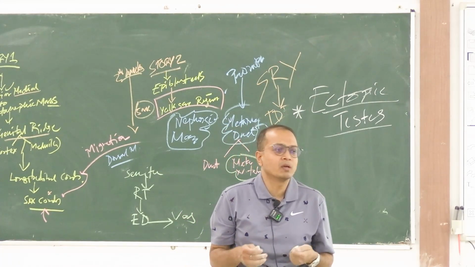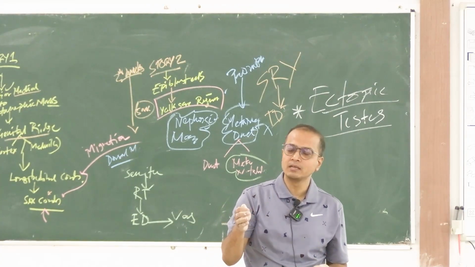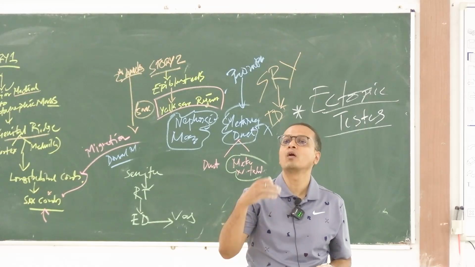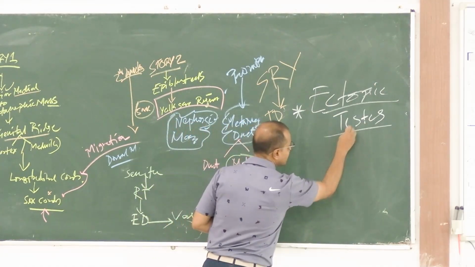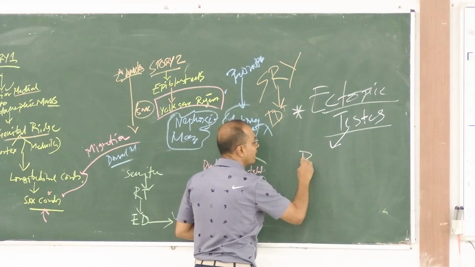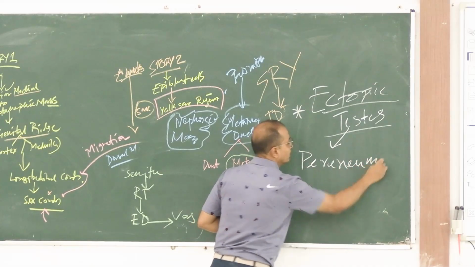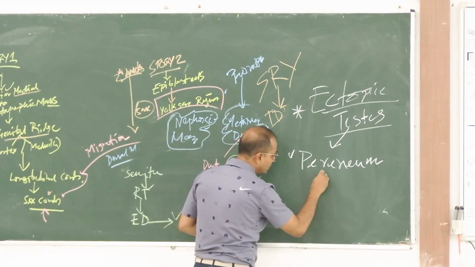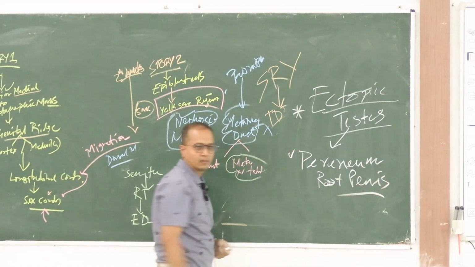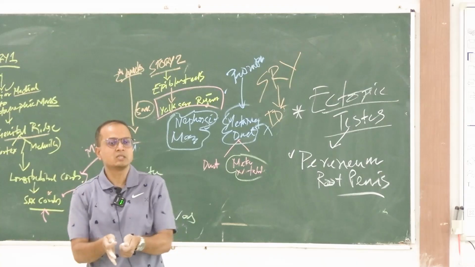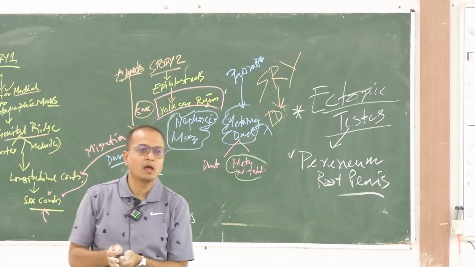Apparently they look the same because we are not seeing the clinical cases. In both undescended testes and ectopic testes, the testes are not in the normal position. In the case of ectopic testes, we find the testes, for example, in the perineum, or at the root of the penis. Within the descent tract, the perineum and the root of the penis are nowhere there.